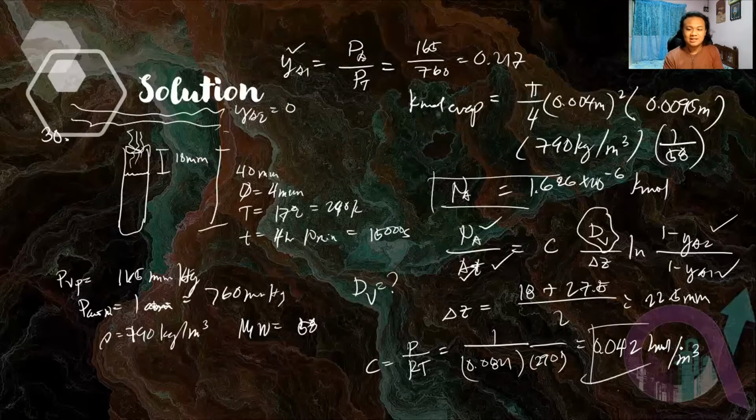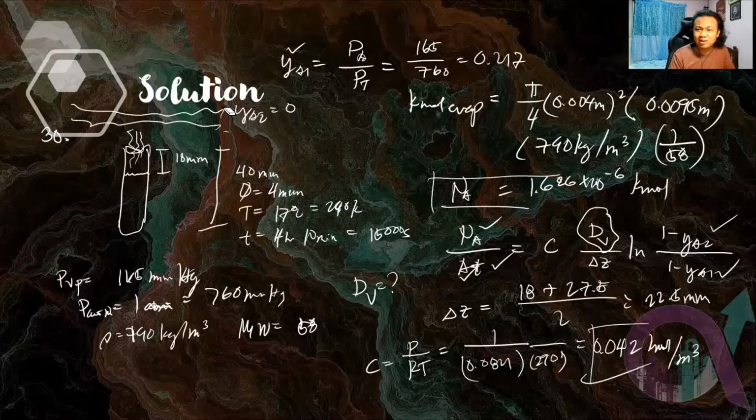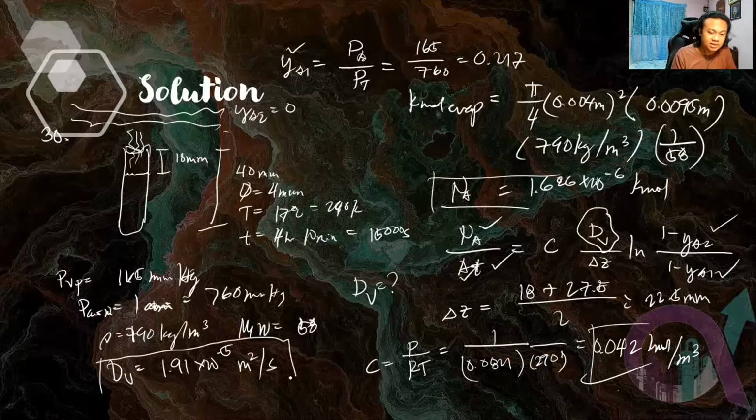So you can plug this in. Plug in everything we know. So you have 1.626. Actually you know all of it now, and then just solve for dV, shift solve. dV you can find is 1.91 times 10 to the negative 5 square meters per second.